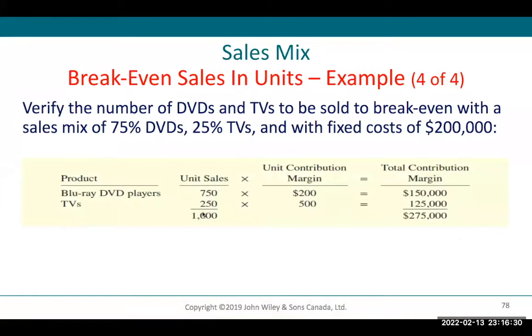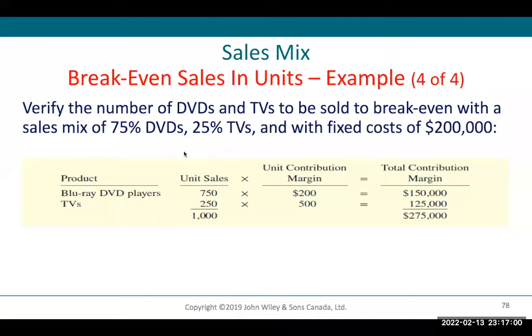So here are the units, and this is exactly what I was saying before. Remember before we have a 75% sales mix percentage for the Blu-ray DVDs and a 25% sales mix percentage for the TVs. All we have to do is we have our total units of all the products combined. 750 divided by 1,000 is 75%. 250 divided by 1,000 is 25%.